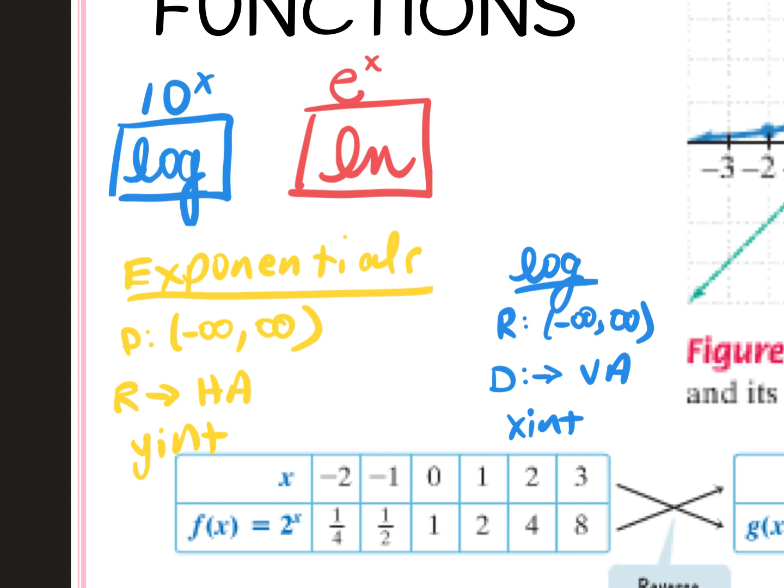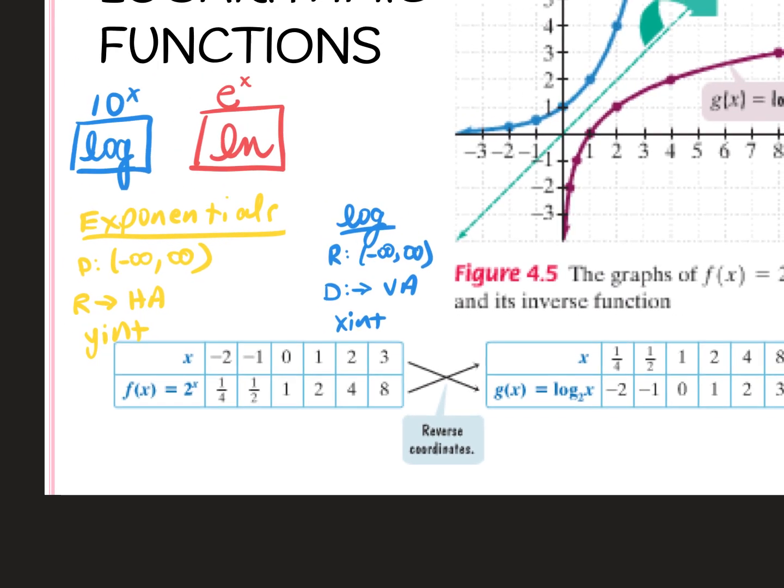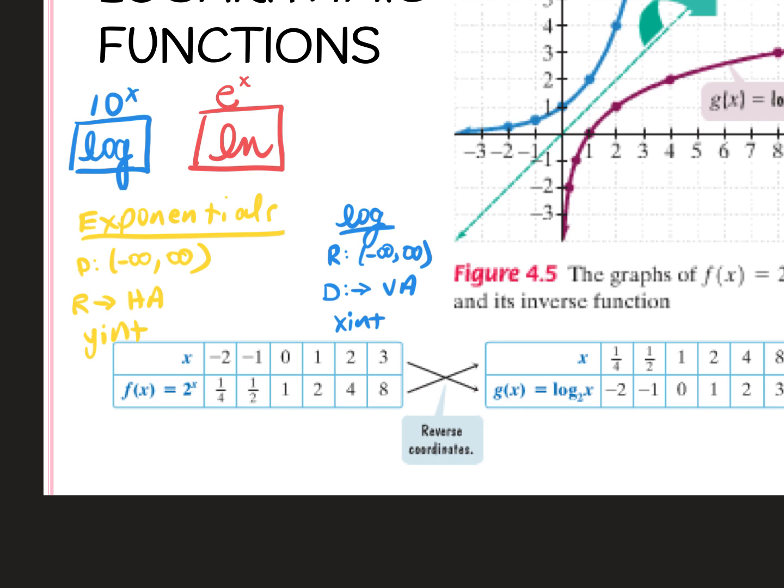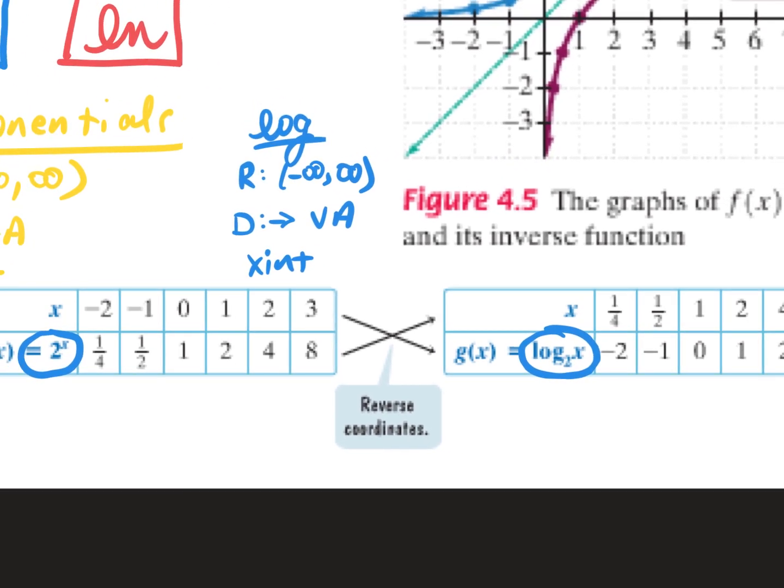So if you guys notice, look at these two charts here. I have 2 to the x power, and I have log base 2 of x. Those two are what of each other? They're inverses. Yep, they're inverses of each other. What do you notice happens to your x values and your y values when you switch from one to the other and back? What happens with the x in exponentials?